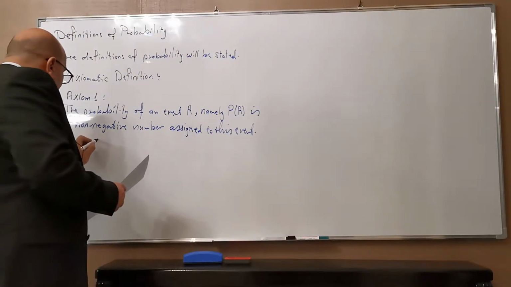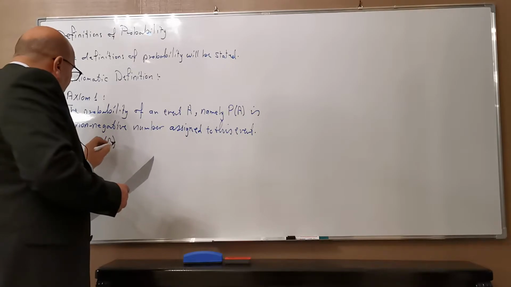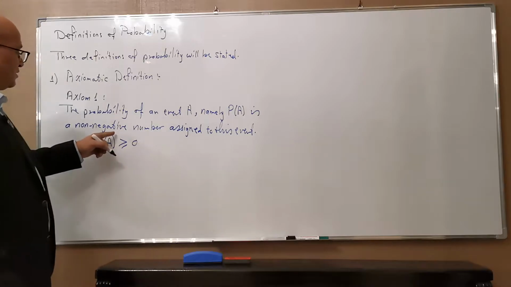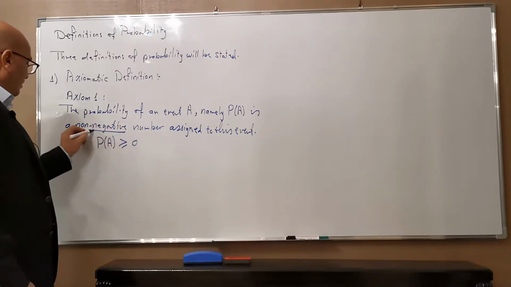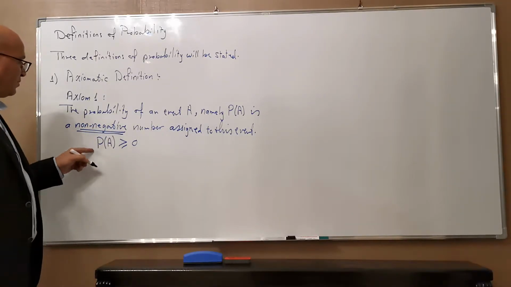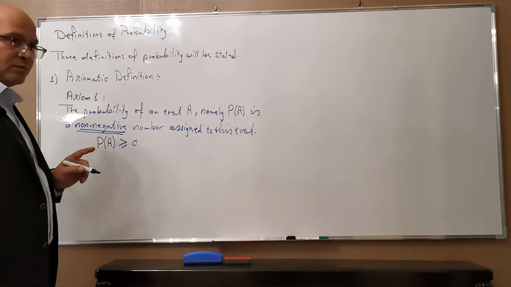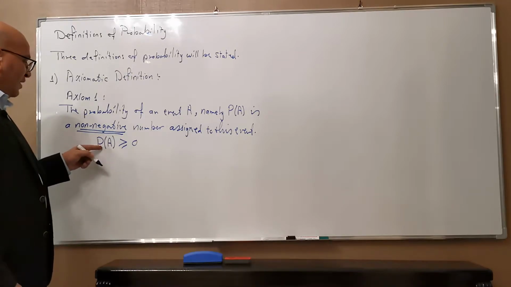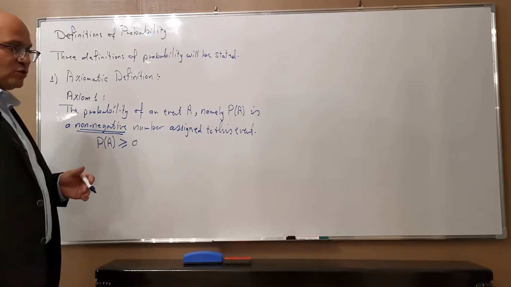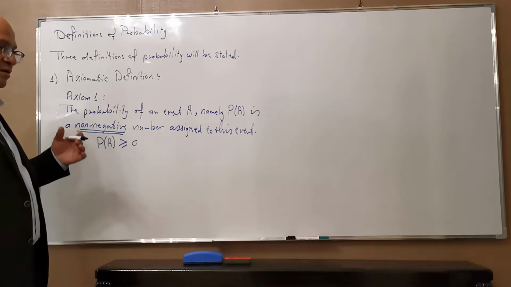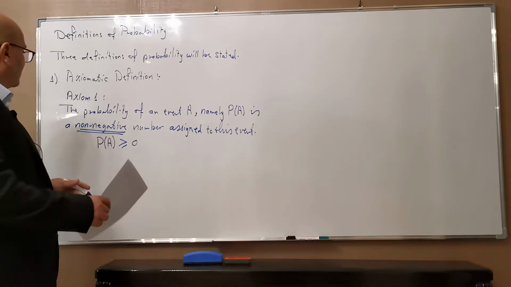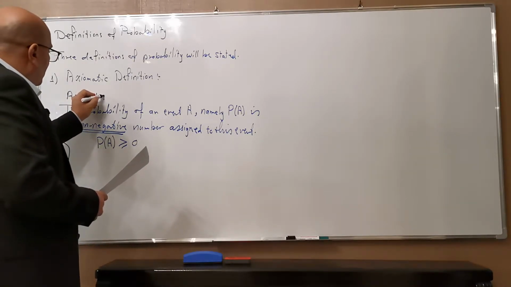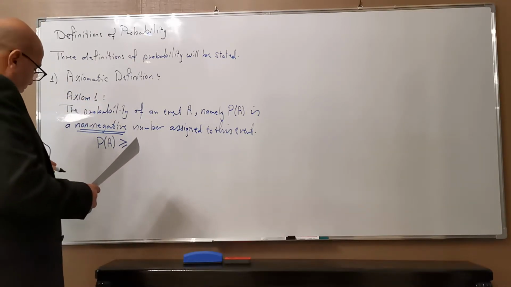Mathematically, we say that probability of A is greater than or equals 0. It could be 0, but it should be always a non-negative number. So you have a non-negative number for any probability. Please be careful when you solve any problem and you get a negative probability, then you have to stop and say, I made a mistake. I have to go back and see what I did wrong in solving this problem.